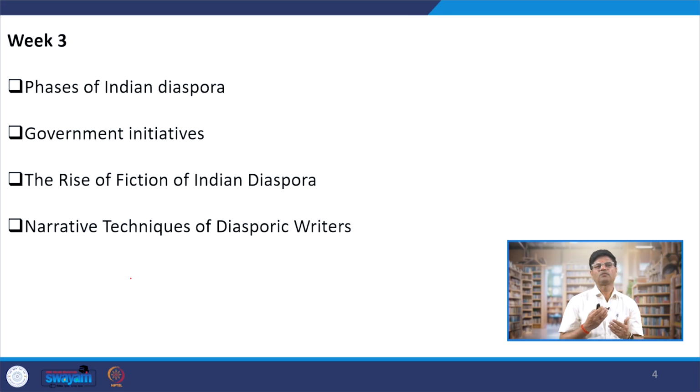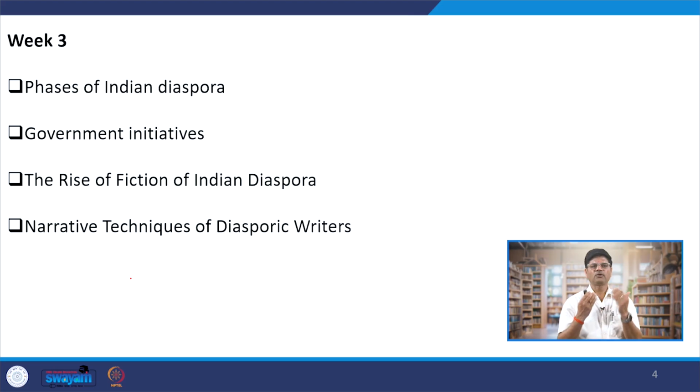Then we also talked about the rise of the fiction of Indian diaspora. Well, we need to understand that the people who are living abroad and have been suffering acute sense of nostalgia or alienation, their strong missing of their country, their sense of nostalgia results in expressing themselves in the form of poetry or fiction or stories.